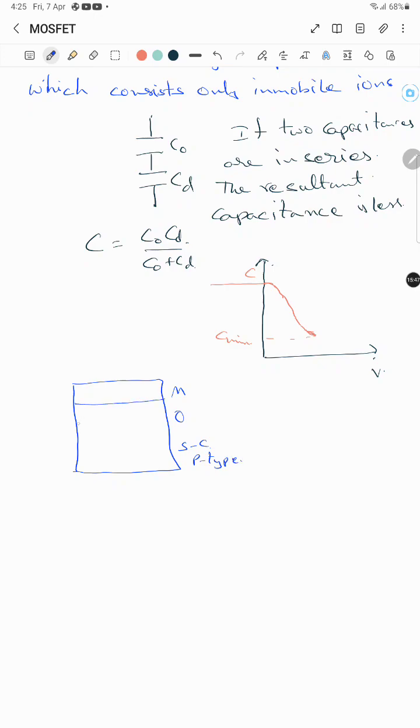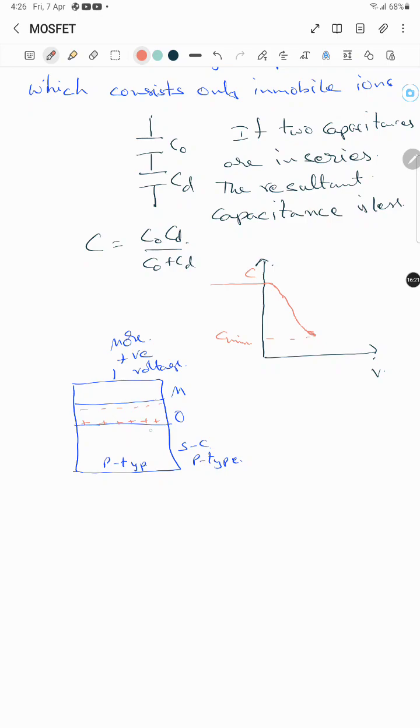If I apply more positive voltage here, what will happen? Now the oxide gets polarized, as you have seen. You will get this kind of polarization here. What will happen if we increase the voltage more and more?